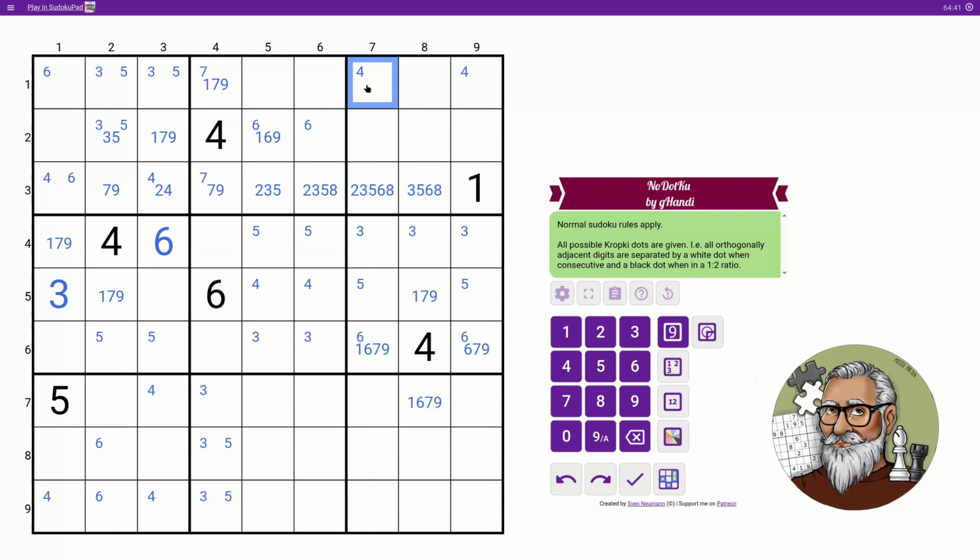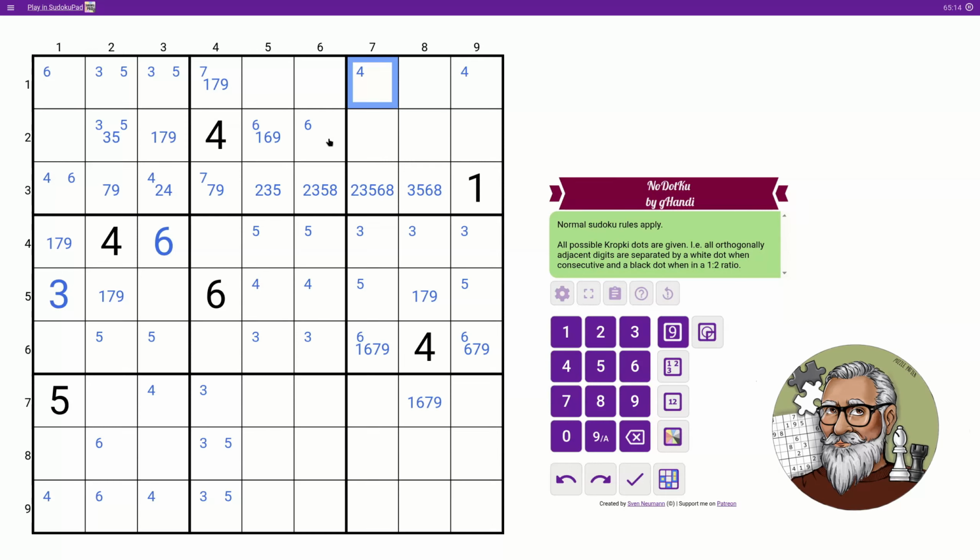I'm just wondering what happens if this is 4 now, because this would have to be 179, right? So this isn't 8 anymore. Does this have to be 8? I don't think so, right? We have 3, 5 here.